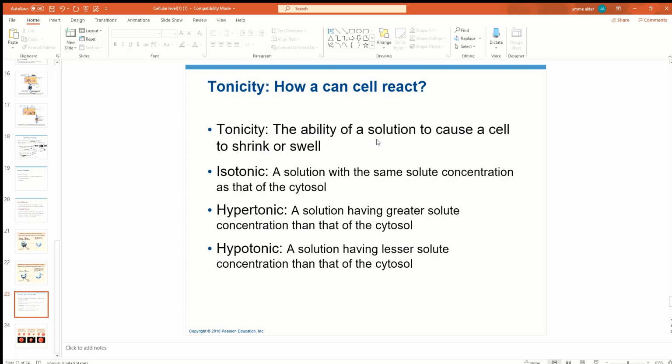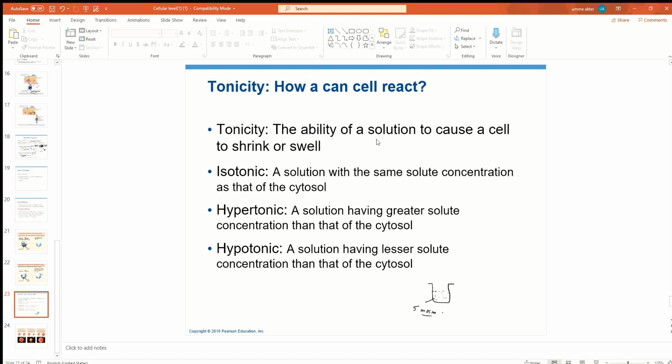Response of a living cell in three different types of solution. Okay, now this is a beaker. I took some solution, and in this solution the concentration is 5 milliosmol. Milliosmol is the unit of concentration.